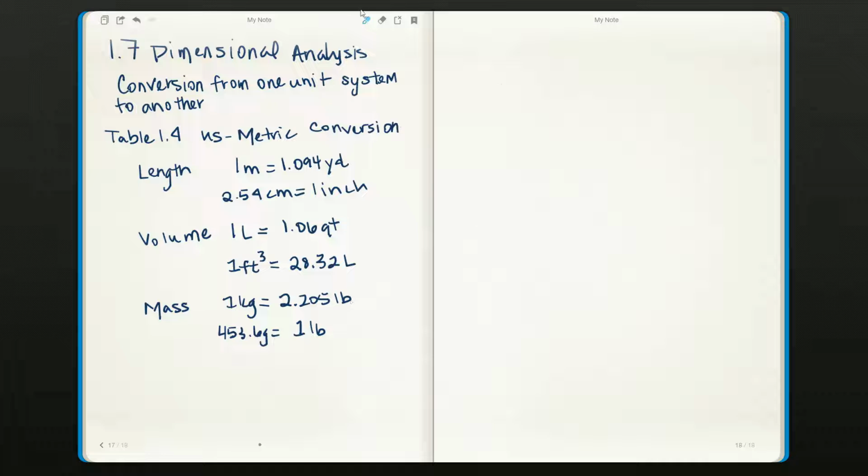Okay, so let's move on to a couple of examples because right now this probably doesn't make a whole lot of sense. Okay, example. The pen is 2.85 centimeters long.